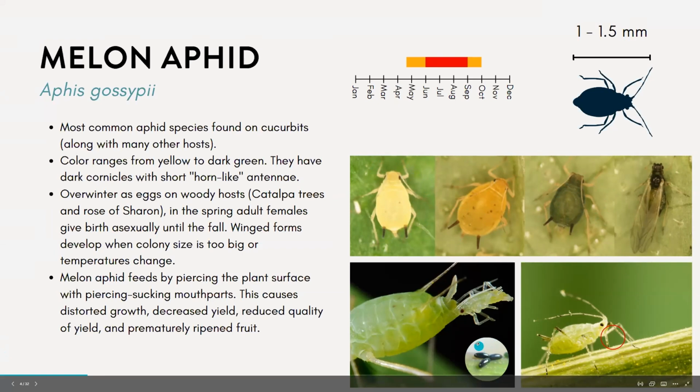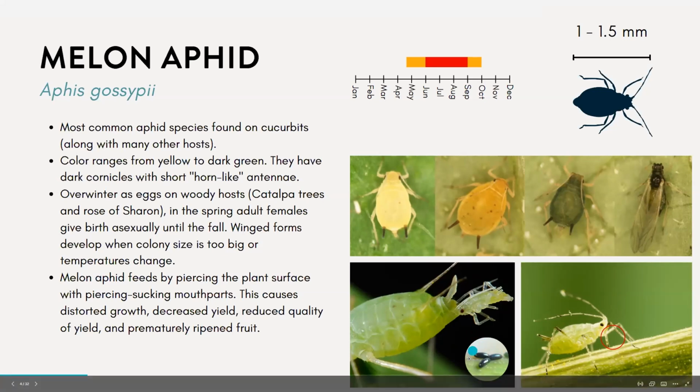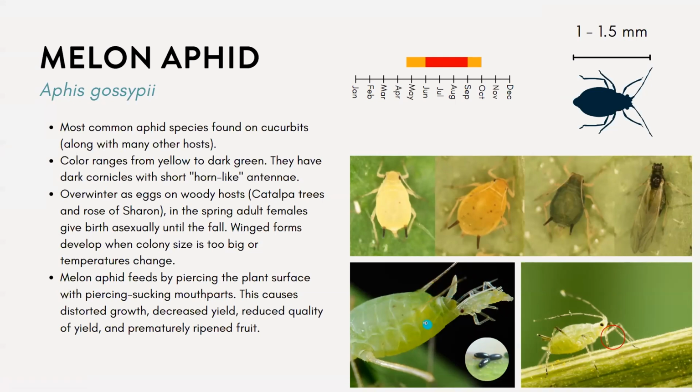This can include catalpa trees or the rose of Sharon. Then in the springtime, all females will hatch and reproduce asexually, like shown in this photo. Winged forms of aphids can come about when the colony size gets too big or there's a change in temperature, and they need to migrate to a new host.